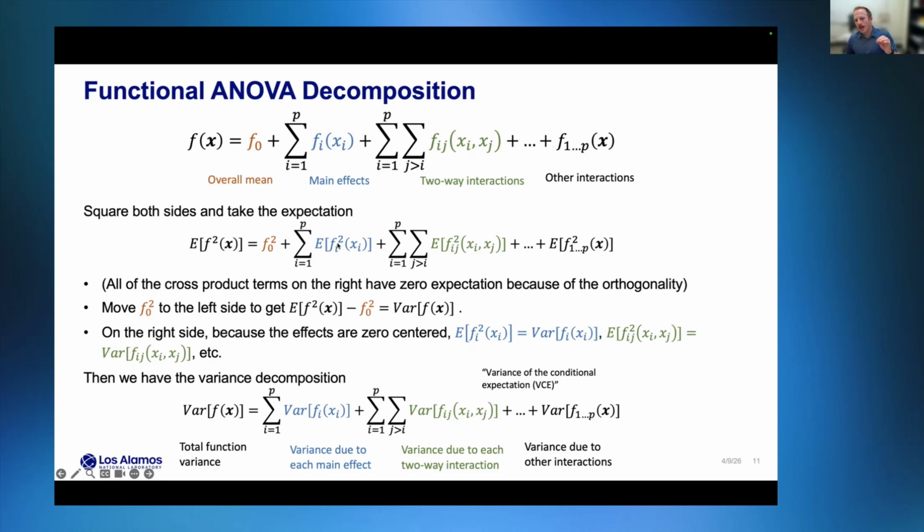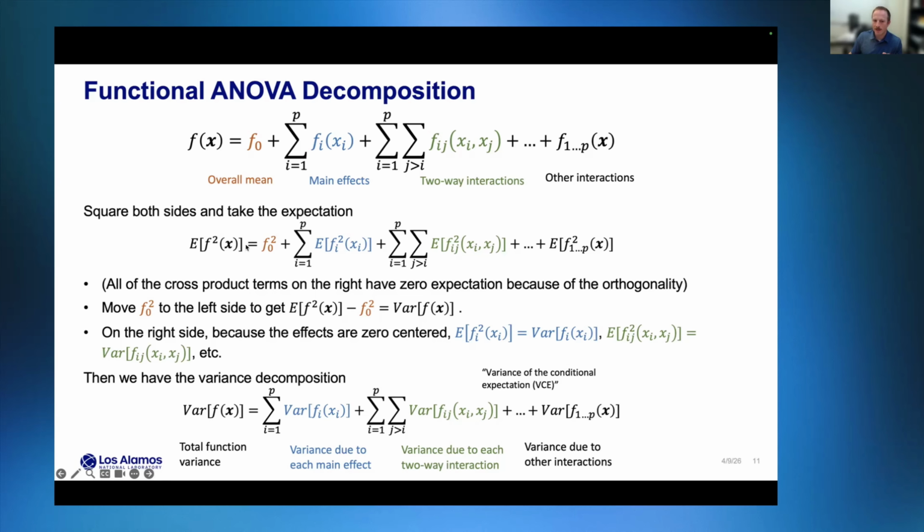Okay, so then I'm going to use my favorite identity relating expectations and variances right here. The variance of a random variable equals the expected value of the squared random variable minus the squared expectation of the random variable. And so if I move this, this is the squared expectation of f of x.